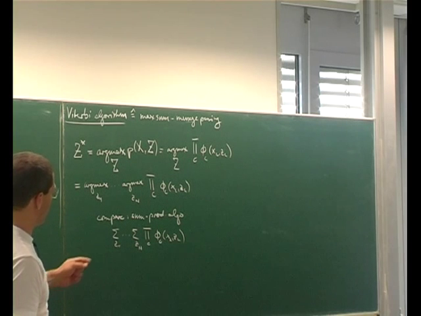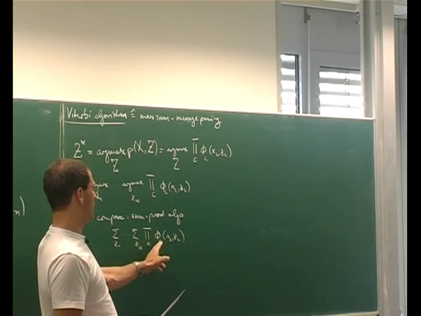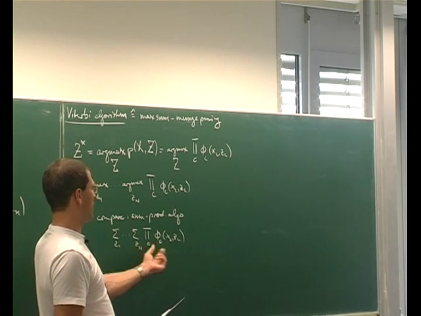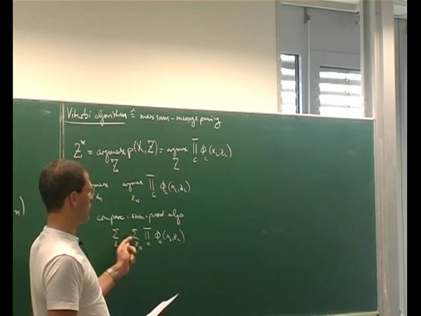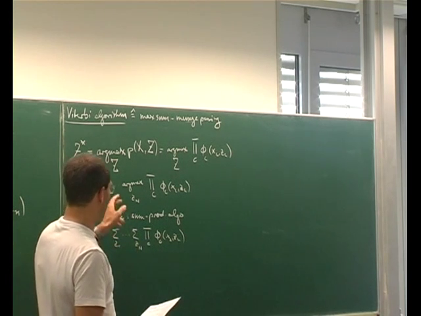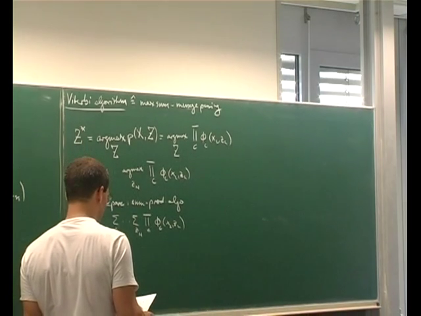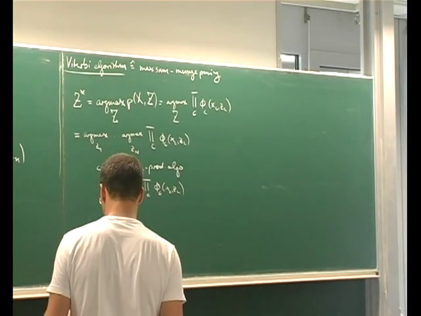And now in the sum product algorithm, we pushed some of these summations in such that they had on the right-hand side only those terms that actually depended on the specific variable. And it turns out that we can do the same with these maximization operations.